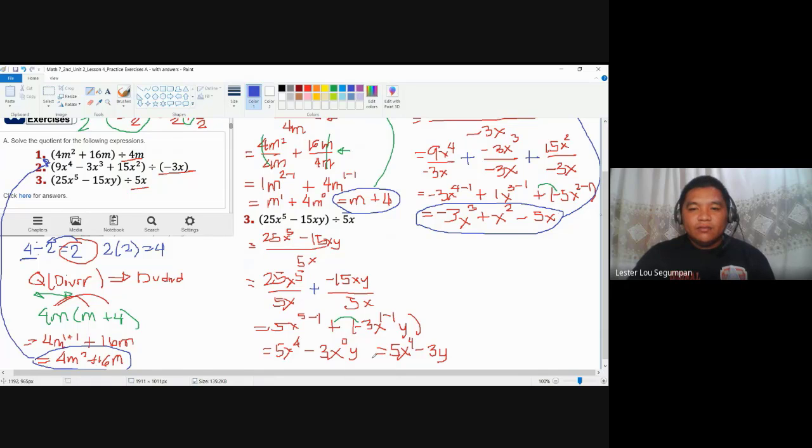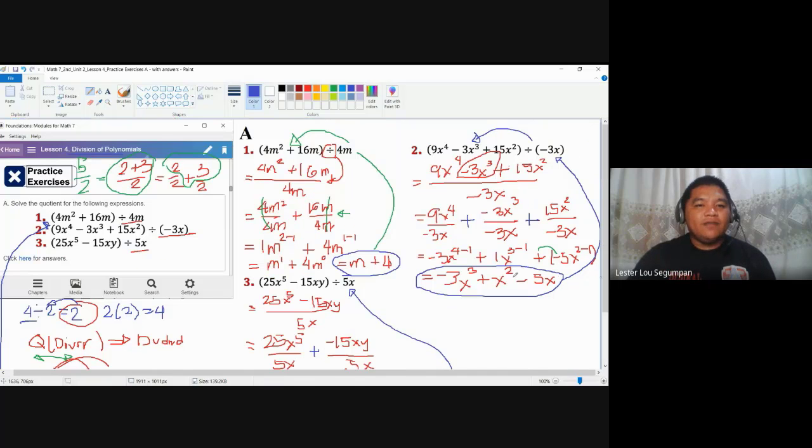This quotient may be verified when you multiply this to the monomial divisor. And again, it should return to our original dividend for you to be sure that your quotient is correct. This is the process of dividing polynomials if your divisor is a monomial expression.